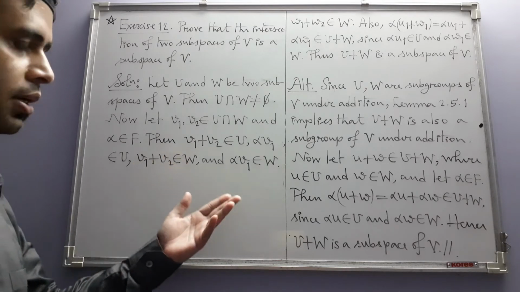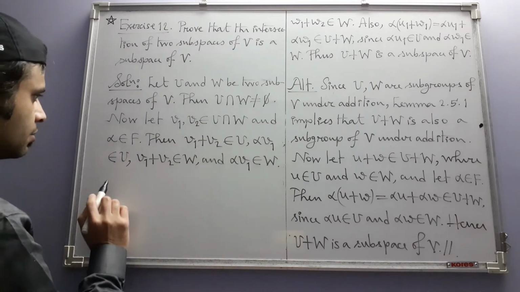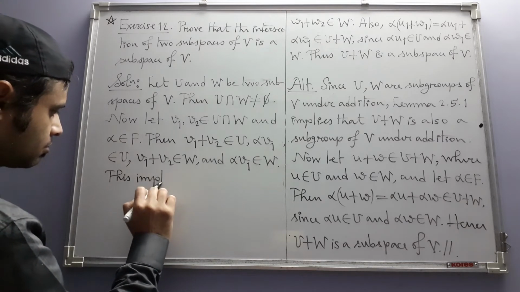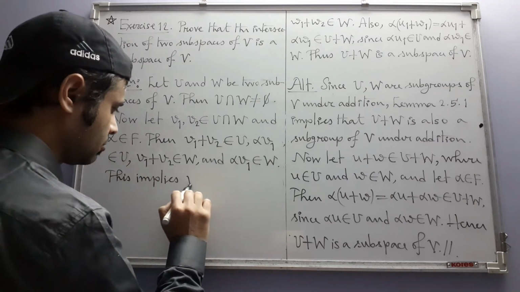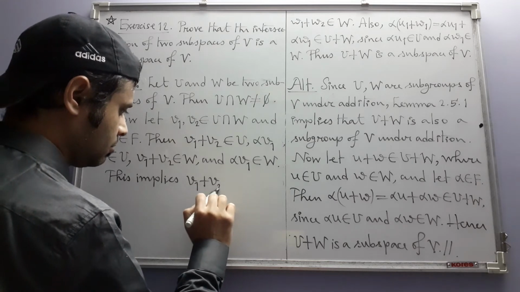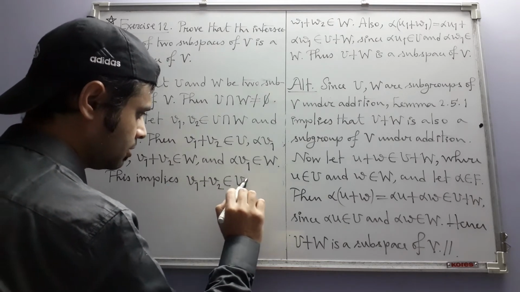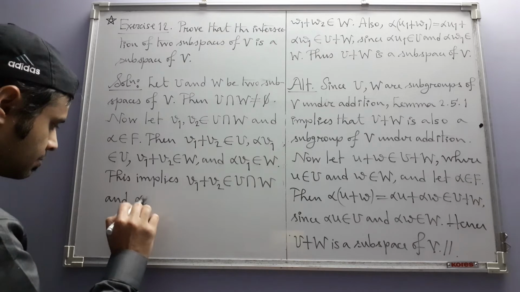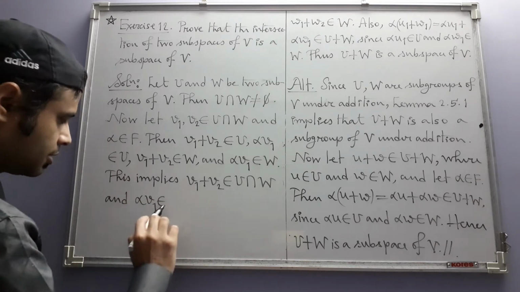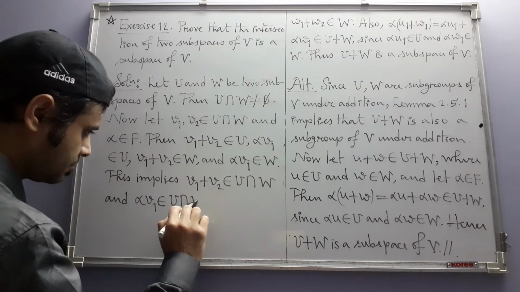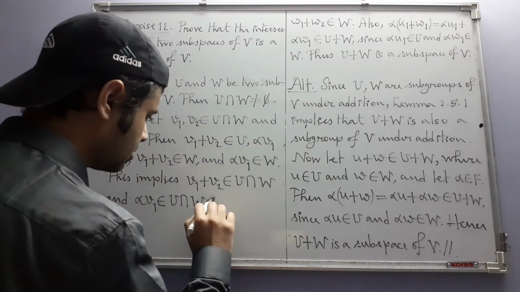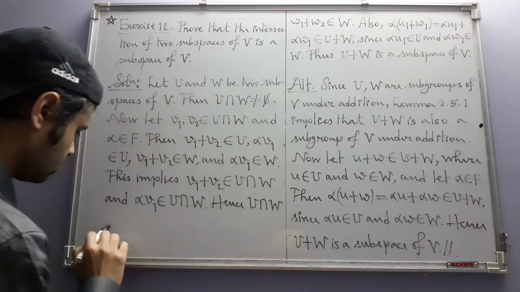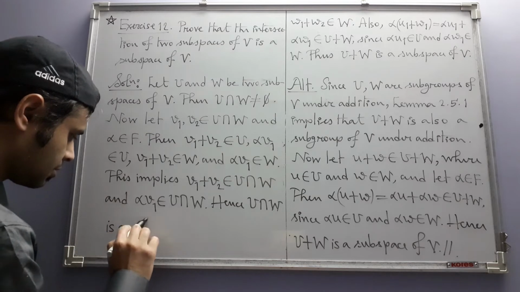So these vectors will belong to them. This implies V1 plus V2 belongs to the intersection of U and W, and alpha V1 also belongs to the intersection. Hence, this is a subspace of V.